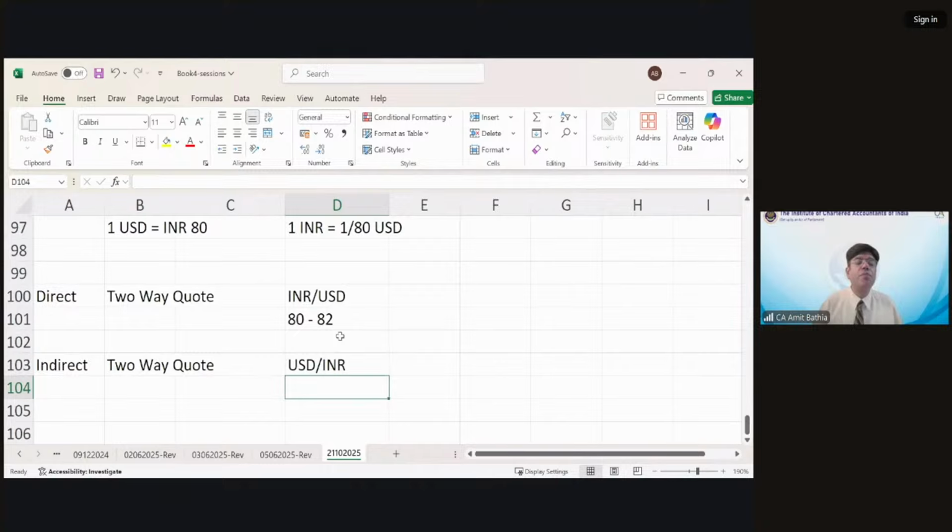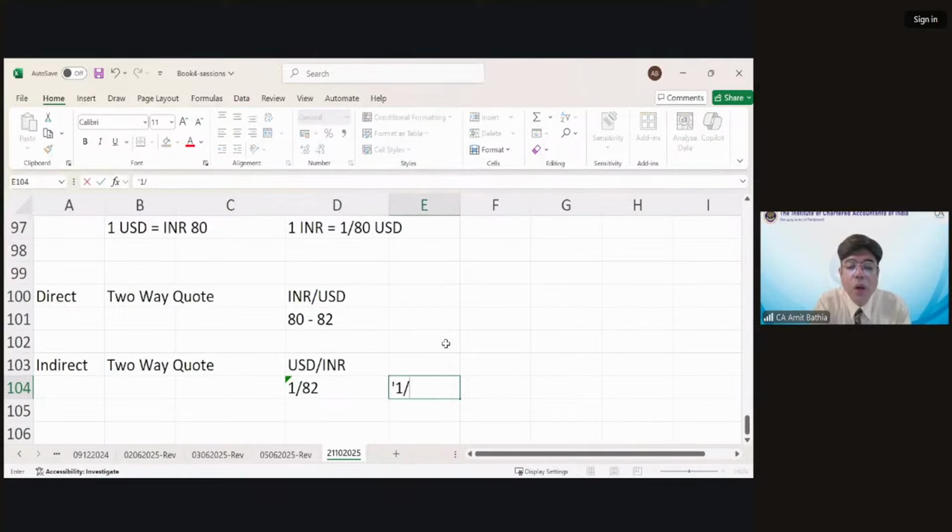So try and understand, 1 upon 82 is a smaller value or 1 upon 80 between the two? So 1 upon 82 obviously is going to be a smaller value, right? So here now when you are converting, your ask price will go into the bid price, right? And it will go into the denominator. So in other words, it will become 1 upon 82 and you will have over here 1 upon 80.